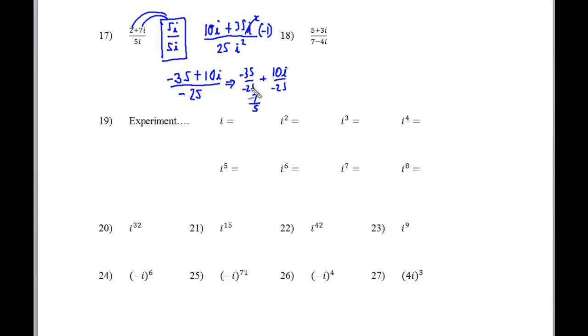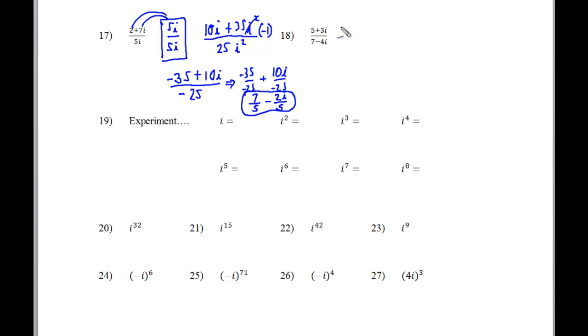Notice it's positive because two negatives make a positive. Now here this is going to be a minus because you have a positive divided by negative, and this is going to be 2i over 5. And this gets us really close to getting better with the quadratic formula chapter next.